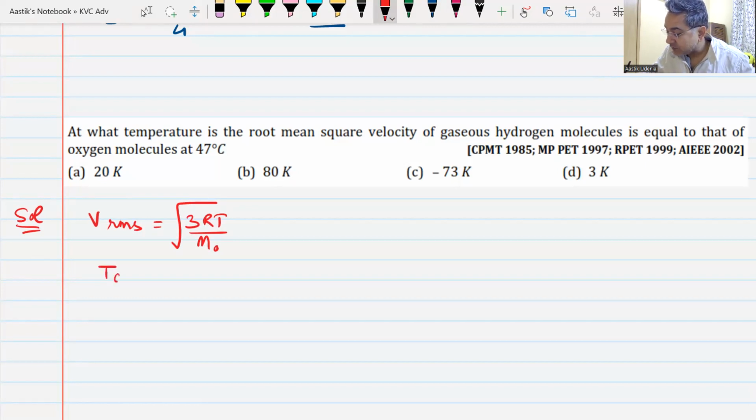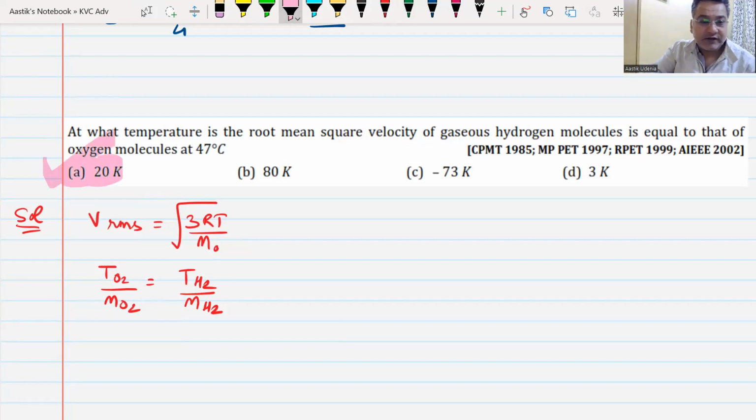So temperature of oxygen divided by molecular mass of oxygen should be equal to temperature of hydrogen divided by molecular mass of hydrogen. Everything is known. Remember, all the things should be in Kelvin and not degree Celsius. You do degree Celsius, everything gets distorted, and the answer that you are going to get will be 20 Kelvin. Very low temperature it is.